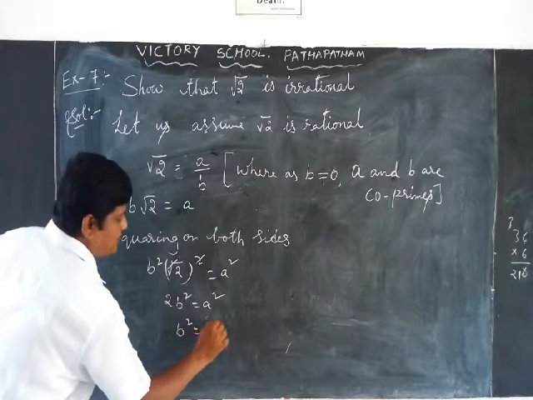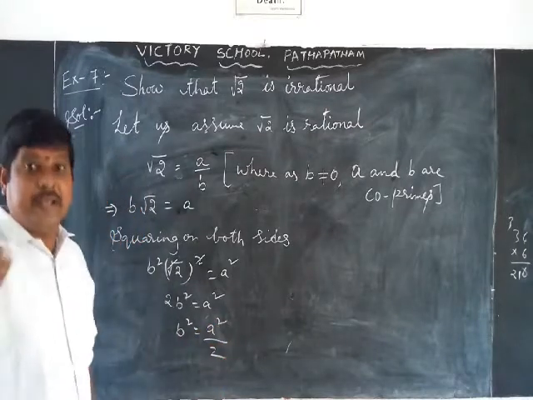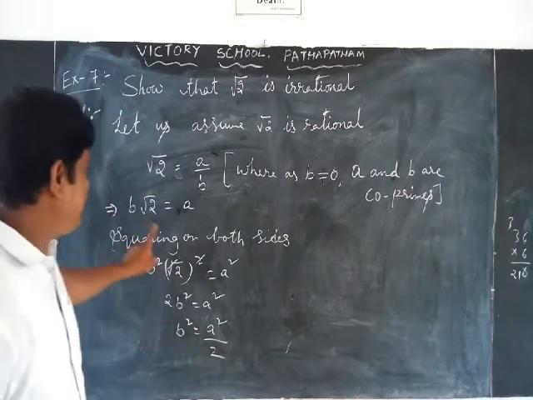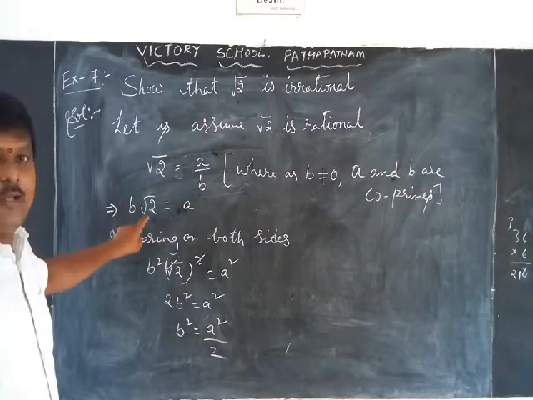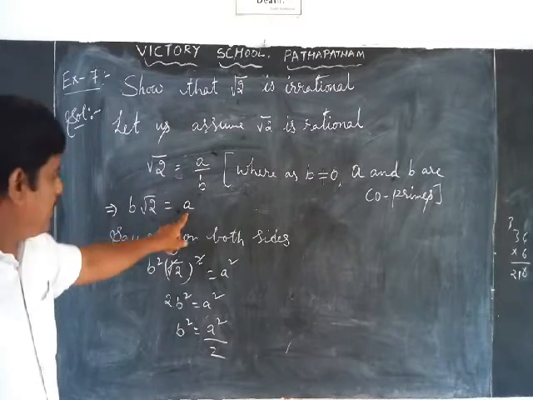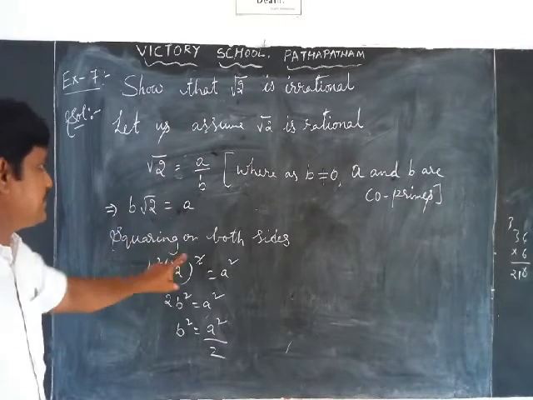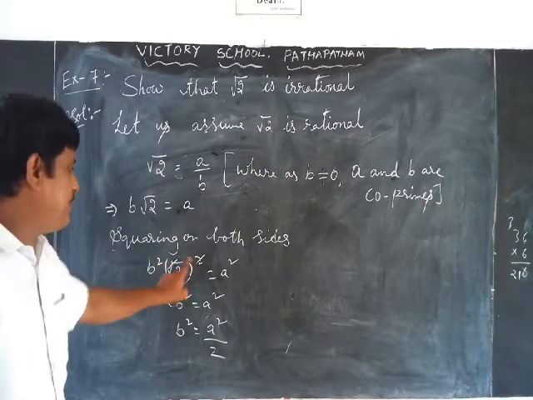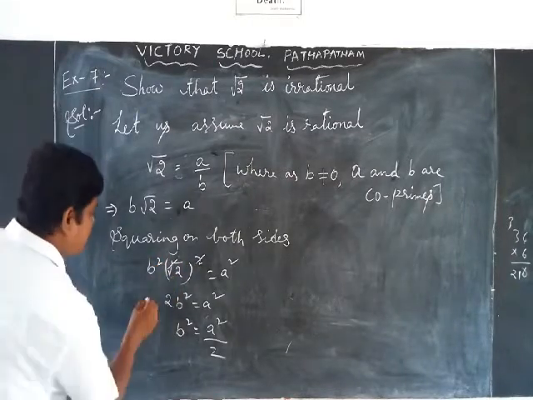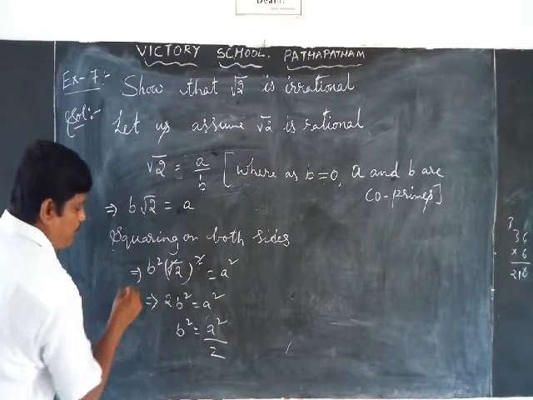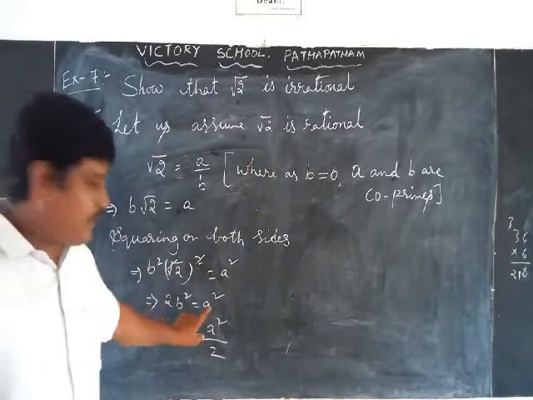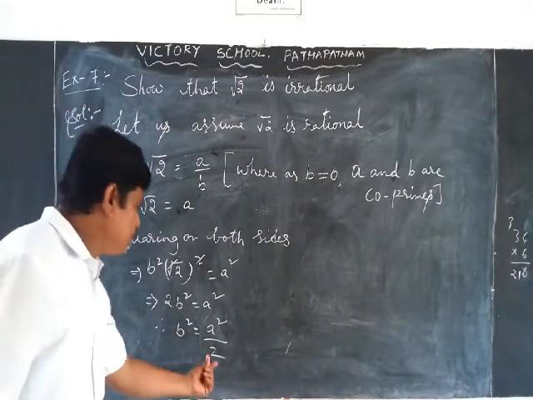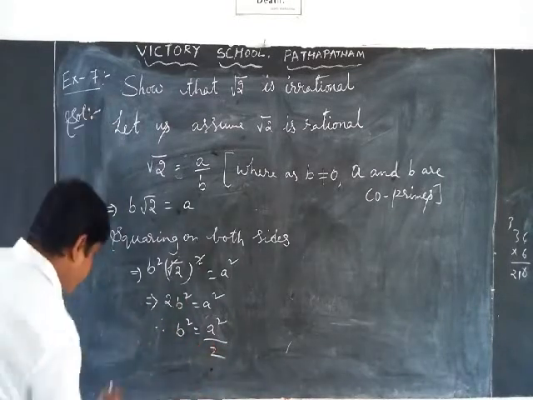B square equals a square by 2. Here 2 divides a square. Once again, b root 2 equals a. Squaring on both sides, the square applies to b square and root 2 whole square. Square and root cancel. 2b square equals a square. Here 2 is multiplied, so it goes to the right-hand side divided. This 2 divides a square.